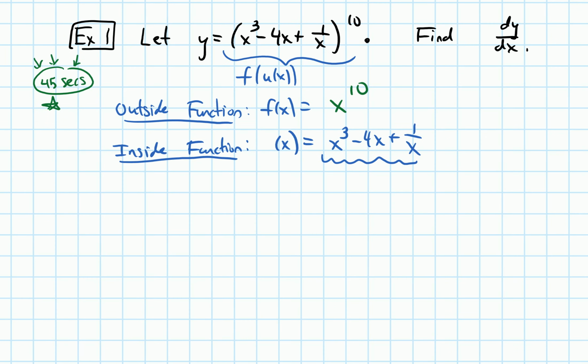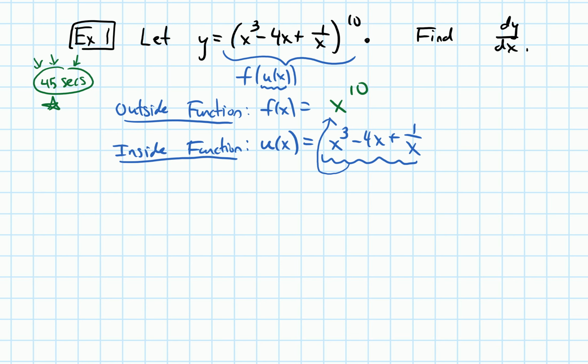Okay, let me erase that. Sorry, u of x there for the inside function. So if we take that u of x and plug it into that outside function, where the x is, that gives me the function that we're looking at, x cubed minus 4x plus 1 over x to the 10th power.